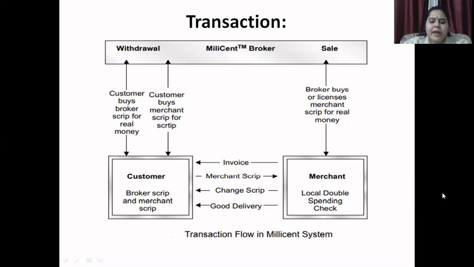Similarly, the broker may have enough vendor scrip to service a number of customers' requests, or may have a license from the vendor to mint the specific vendor scrip directly. These transactions are given in these diagrams.